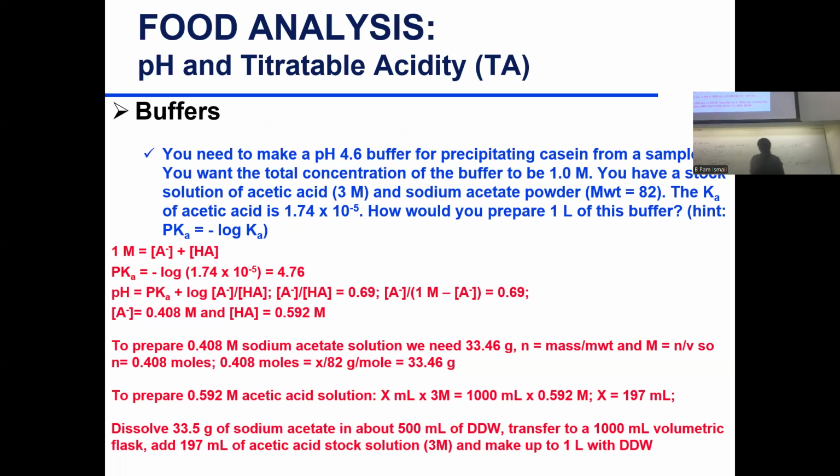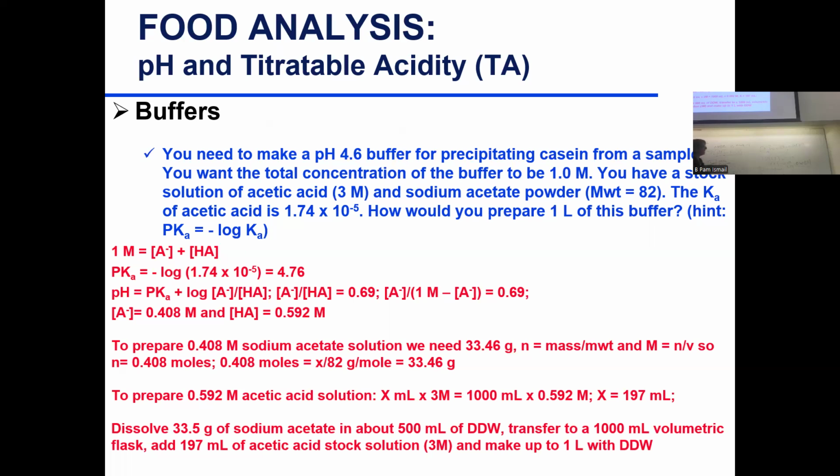And then here, I would say X ml of A minus over 1000 minus X ml of A minus equals 0.69. So now what would be the X if you solve for X? It's kind of the same thing, but instead of 1 it's 1000.